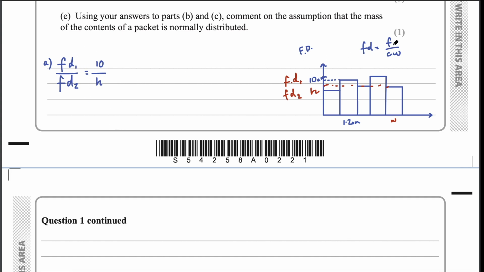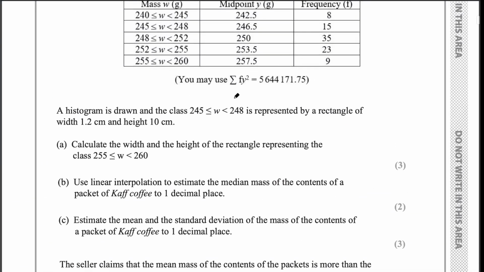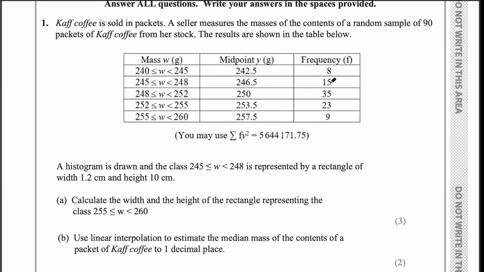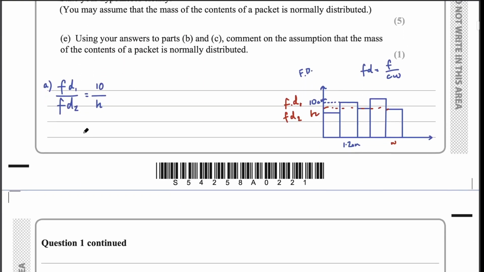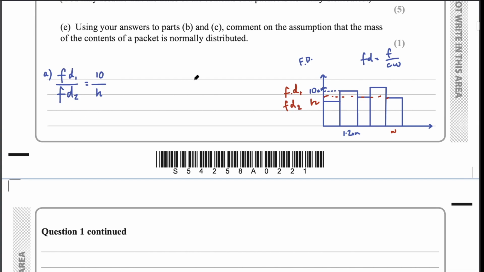As we said, frequency density is the frequency divided by the class width. So for this second bar, we had a frequency of 15 and a class width of 3. So FD1 will equal 15 divided by 3, which is 5.